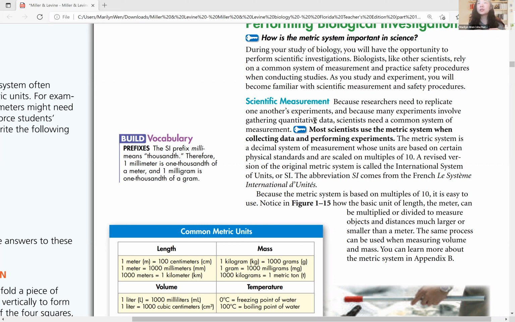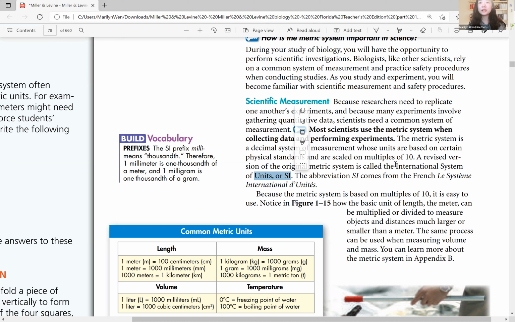And what SI units do is make sure that when the results of an experiment come out, they're using the same set of units. Okay, so you can briefly read it, and SI units is here. International units.